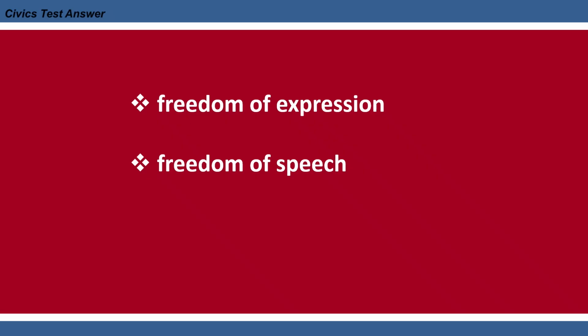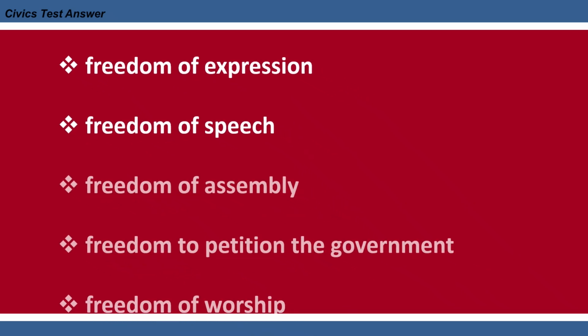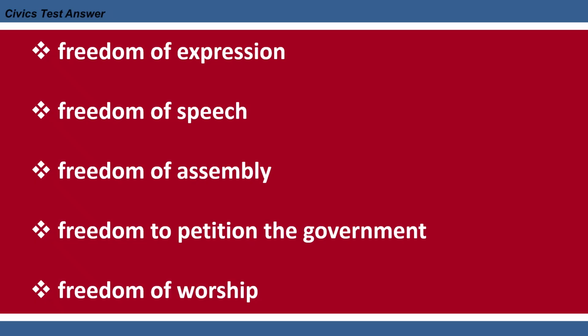Everyone living in the United States has the constitutional right to freedom of expression and to freedom of speech. Other First Amendment rights for everyone in the U.S. include freedom of assembly, freedom to petition the government, and freedom of worship. A right for everyone living in the U.S. that is mentioned in the Second Amendment rather than the First is the right to bear arms.